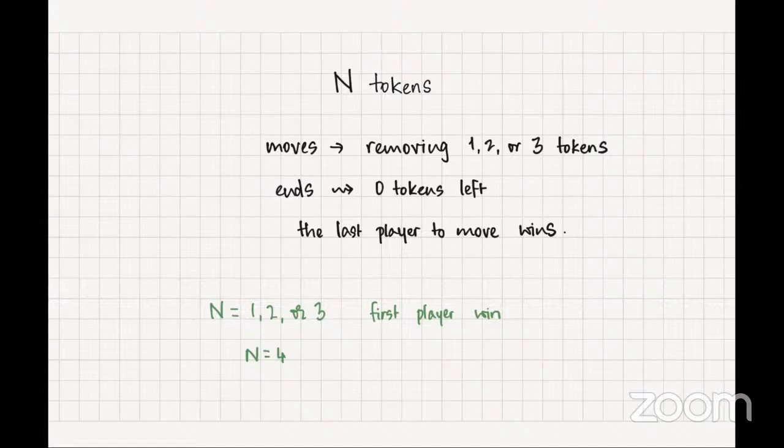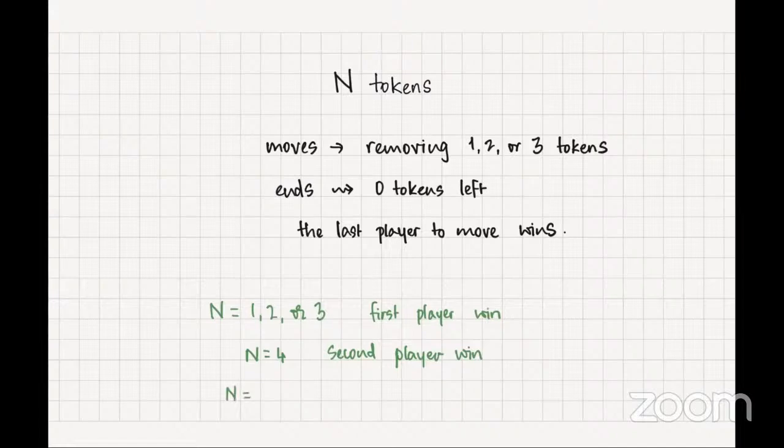So the possible games that they can go to are games with 3, 2, or 1 token. If you choose to remove 1, you're left with 3. If you choose to remove 2, you're left with 2. And if you choose to remove 3, you're left with 1. In all of these scenarios, unfortunately, the other player can take the game away because of what we just saw above. So as has been pointed out, this is a second player win. Just by case analysis. Don't really have a choice.